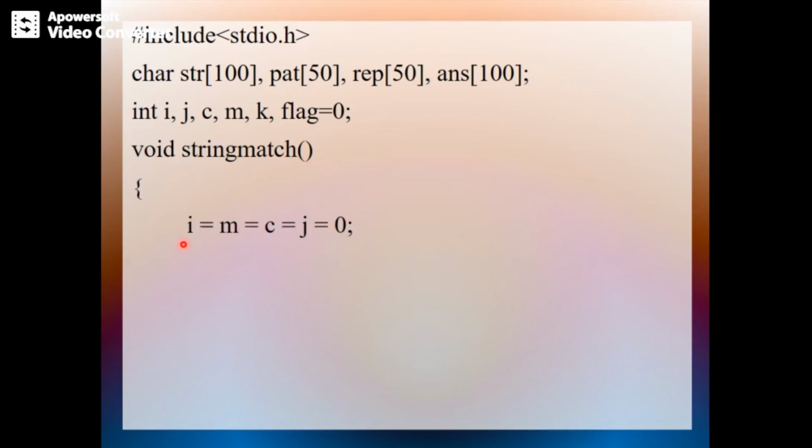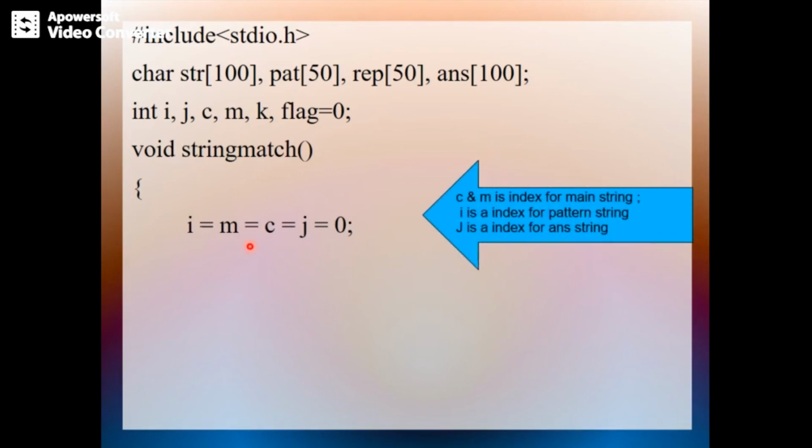So that's why I have initialized i equal to m equal to c equal to j equal to 0. That means i, m, c and j are initialized with 0 initially. Okay. And why c and m? They are indexes for the main string. c normally holds the first character.